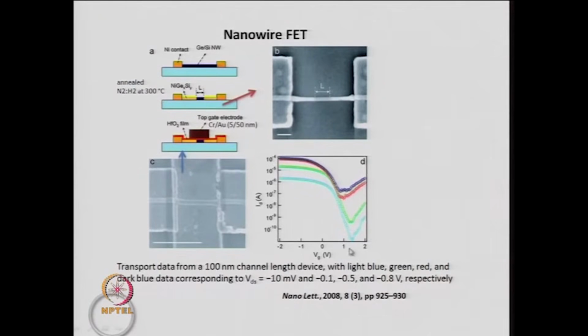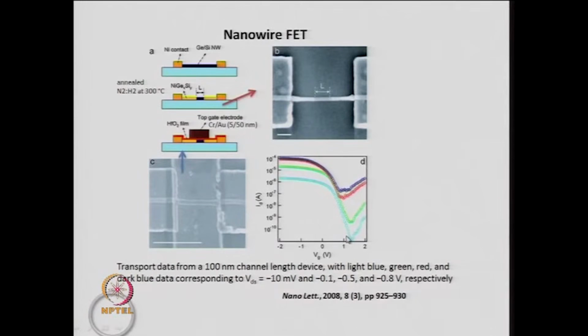Not only how the current is changing with respect to gate voltage, you can also see that depending on what kind of voltage you apply at the drain and source, the curves will start changing.